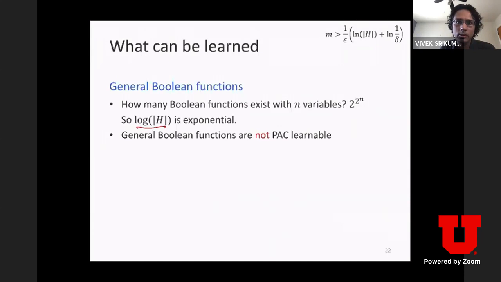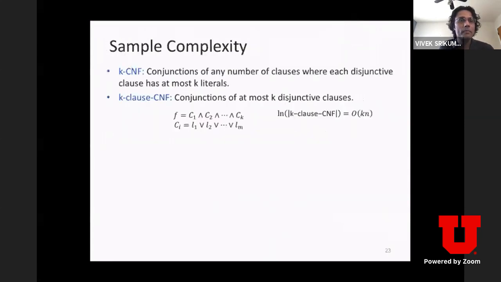Now let me just go through a list of named classes of functions that are all PAC learnable. We've already seen 3CNF. KCNF is just a generalization. Instead of 3 literals inside each block, you have at most k. So that's a KCNF.